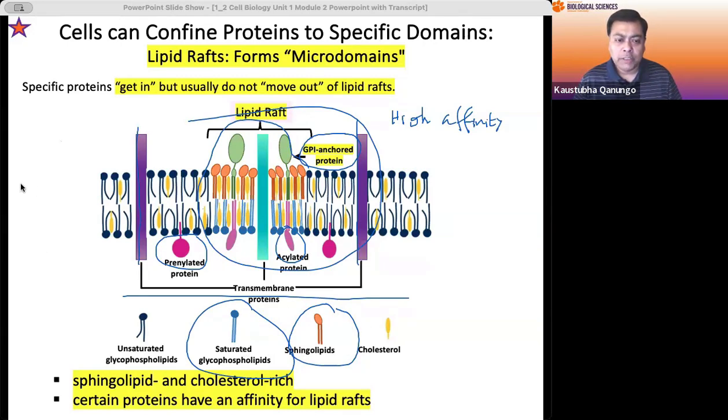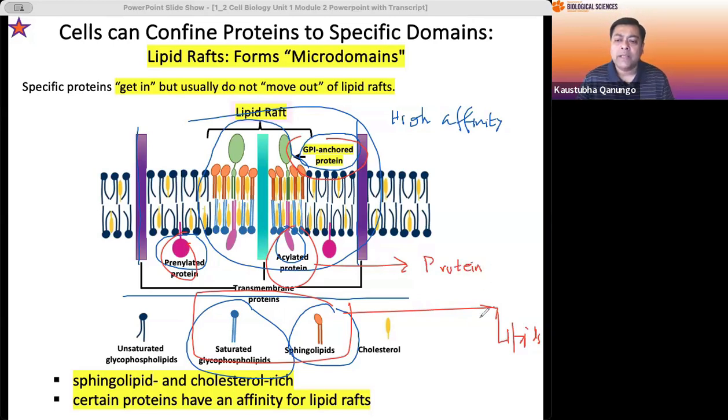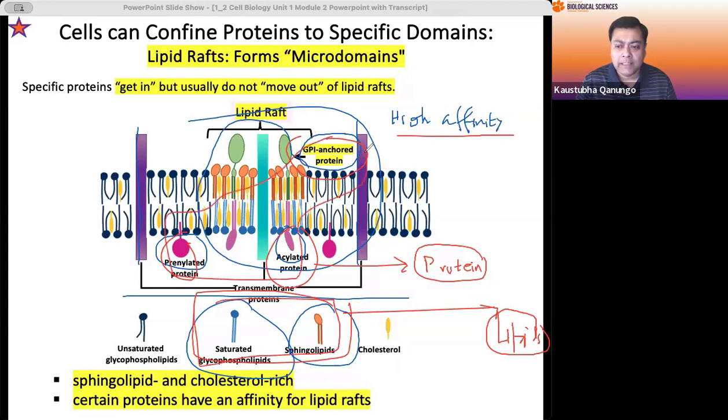So just make sure that you make a difference between these. These are lipids, and these are GPI, acylated, prenylated proteins. Look at what the question is asking, whether it is asking which proteins have a high affinity or which lipids have high affinity. Depending upon that, you will answer either these or those. So that's protein, this, lipid, that.